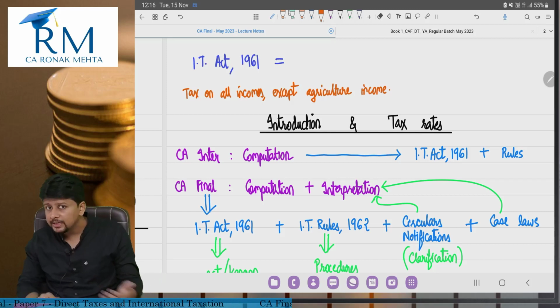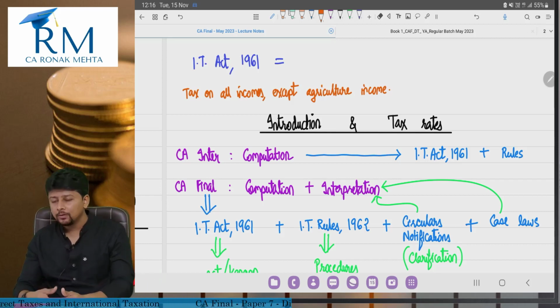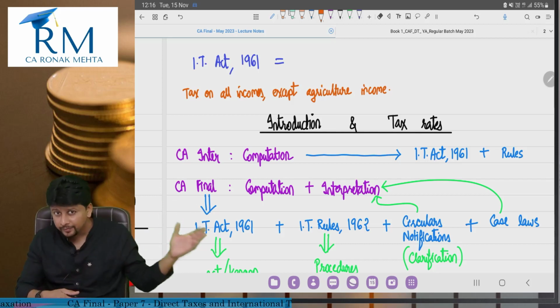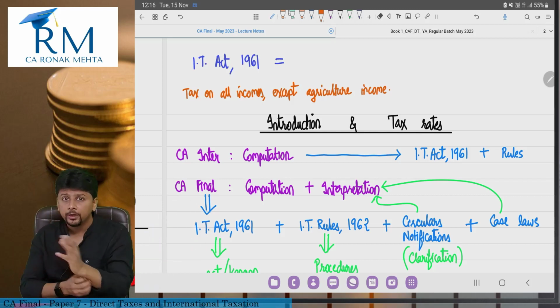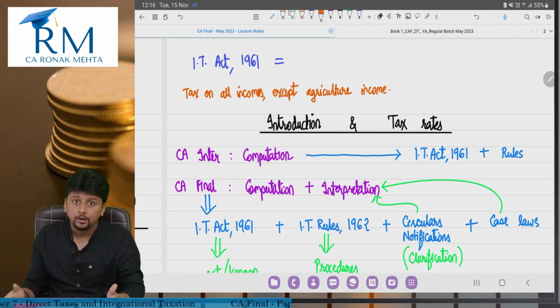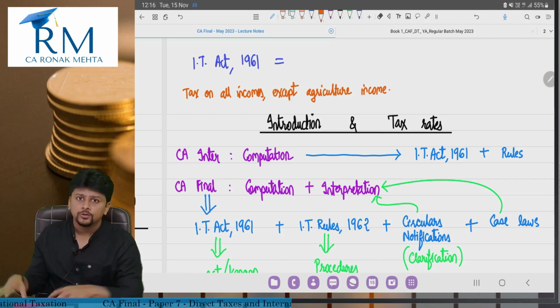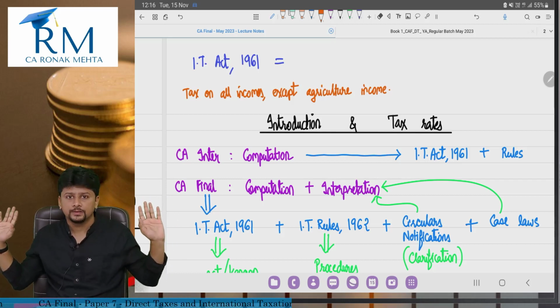India primarily is an agricultural economy. Yes, manufacturing and service sectors have gained prominence, but in the 1950s, 60s, 70s, 80s predominantly, and today also, our GDP has a great component of agriculture income. So agriculture income is not subject to income tax.